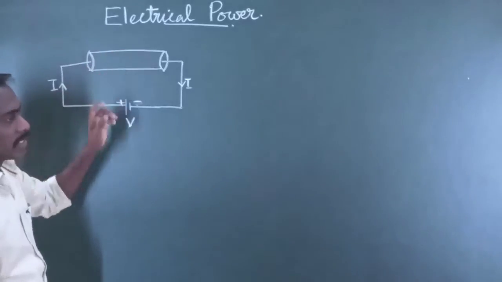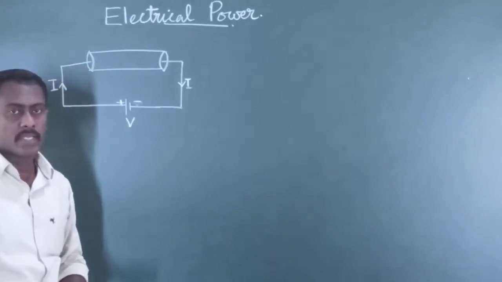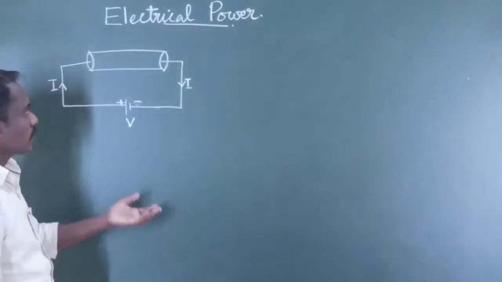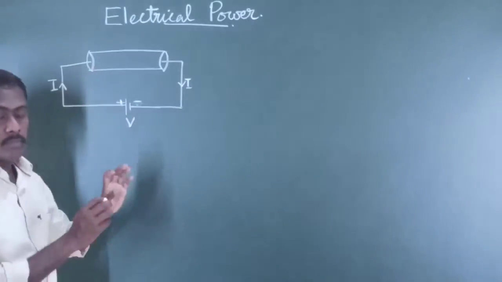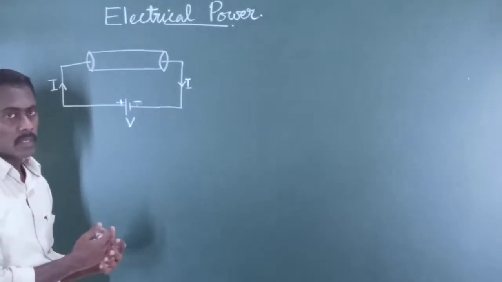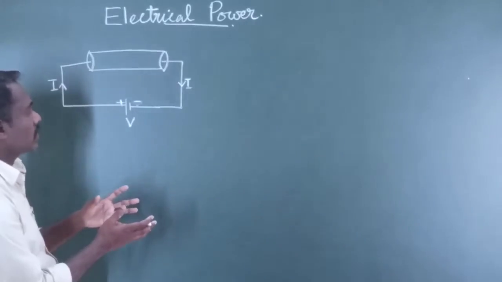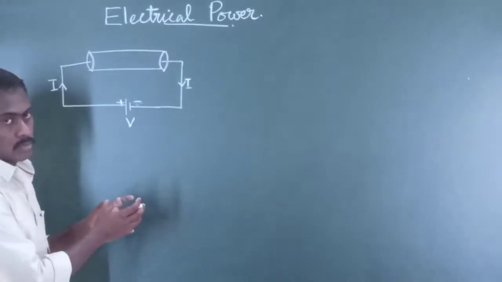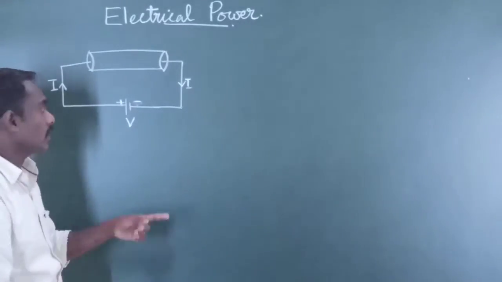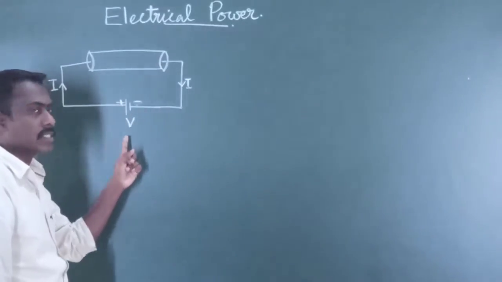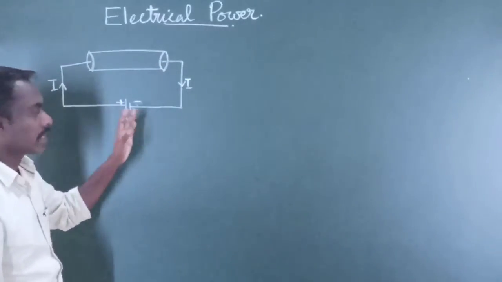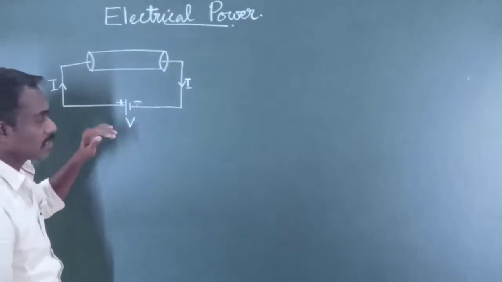This conductor has a number of free electrons in it, and these free electrons move randomly inside the conductor. To maintain the electrons flowing in a particular direction, we apply a potential difference V across the conductor.